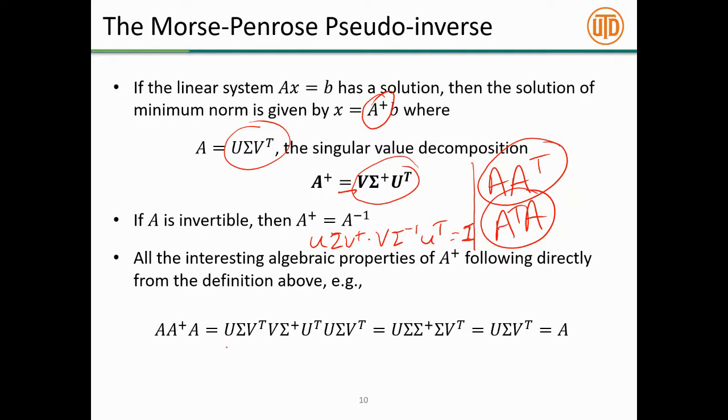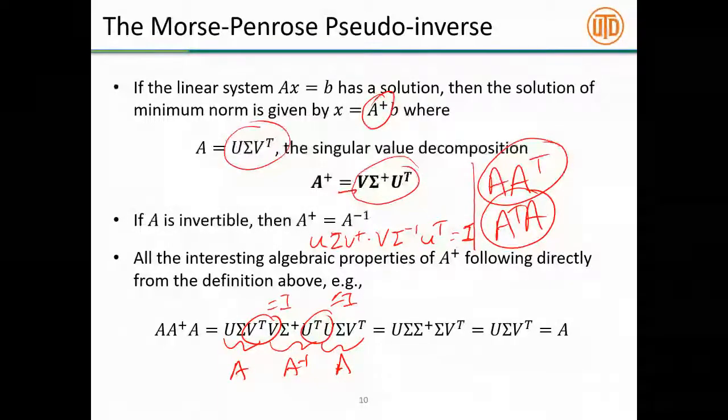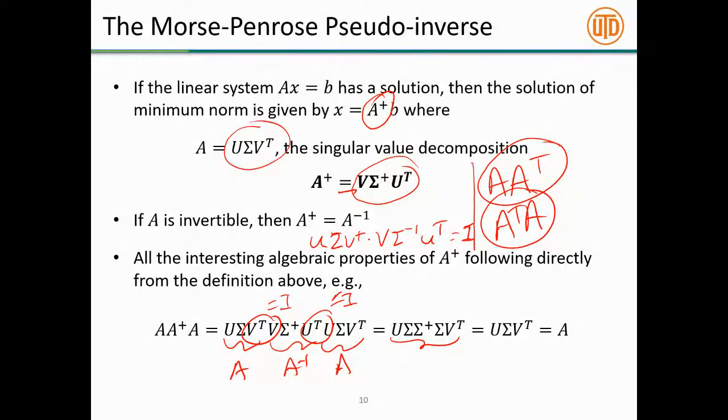We just use the definition. This is A plus, and this is A. Again, V transpose V is equal to the identity matrix of the right size. U transpose U is also the identity matrix because they're orthogonal matrices. So what I get from this multiplication is just U times sigma plus times sigma times V transpose.